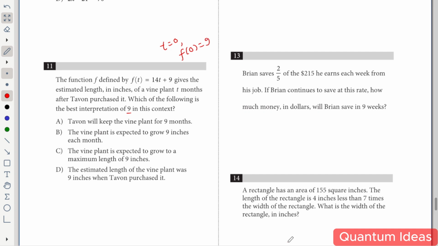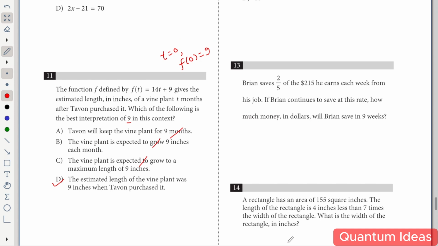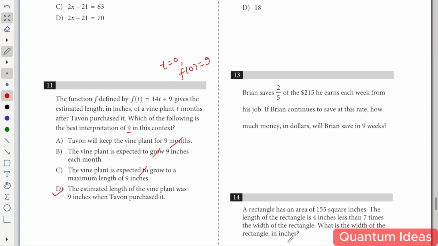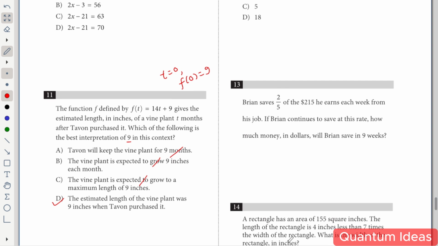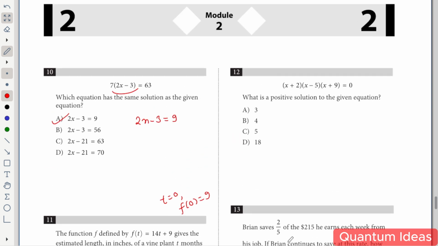At the beginning, the length of the vine plant was 9 inches. So it's not that they keep the vine, no. Expected to grow, no. The estimated length of the vine plant was 9 inches. Yeah, that is the correct answer, right? So that was the estimated length of the vine plant when it was potted, means at the time t equals 0.